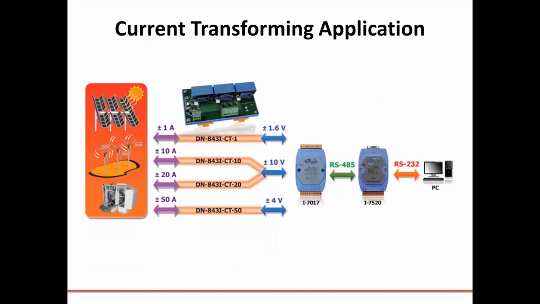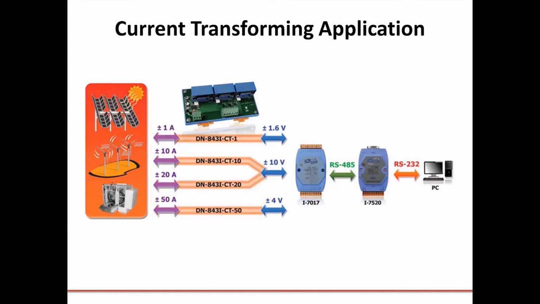Let's look at a couple quick applications. This is a current sensing application using our DN and DNM series. The DN series module here measures voltage and current coming from power inverters in this wind and solar application.